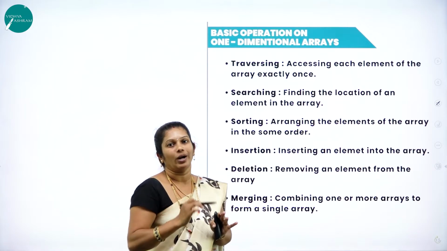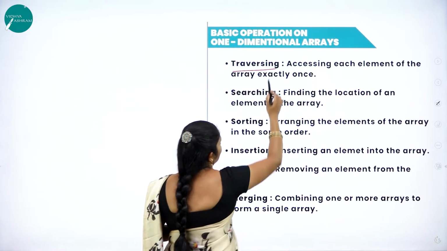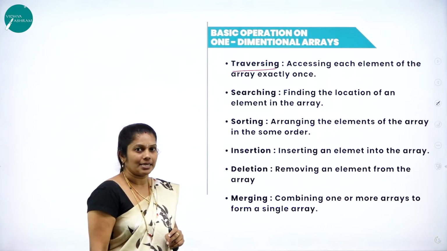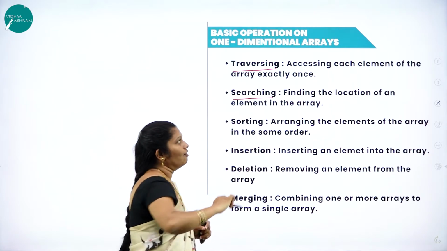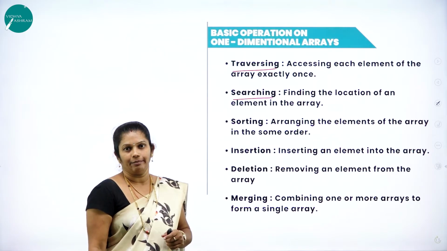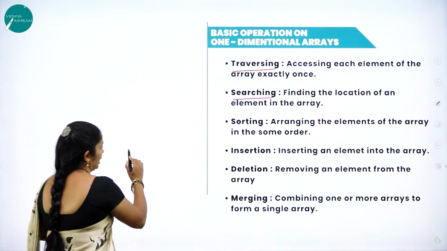The basic operations are traversing, as usual, accessing each element from the beginning one by one. Then searching, finding the location of an element. Whichever element I want, I can find its location.